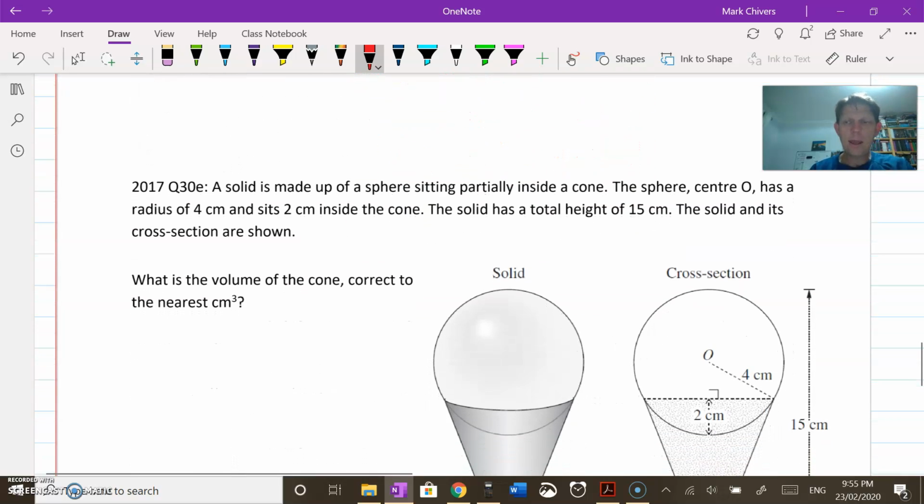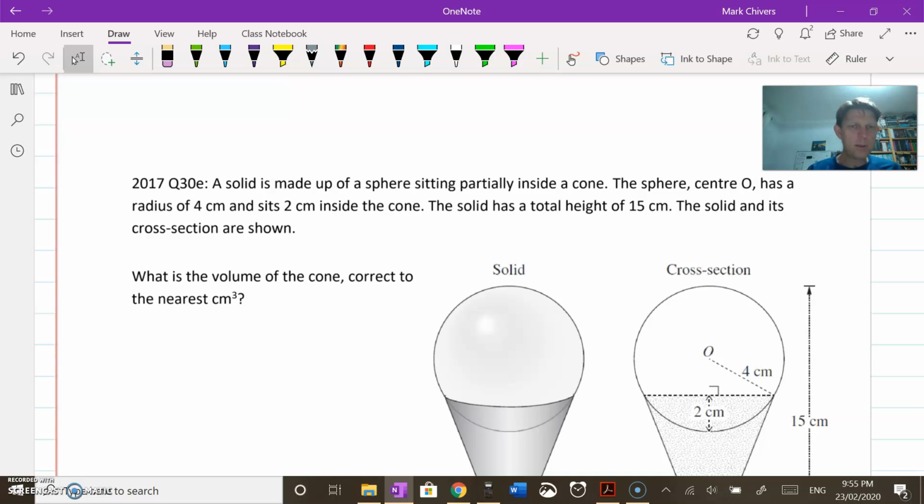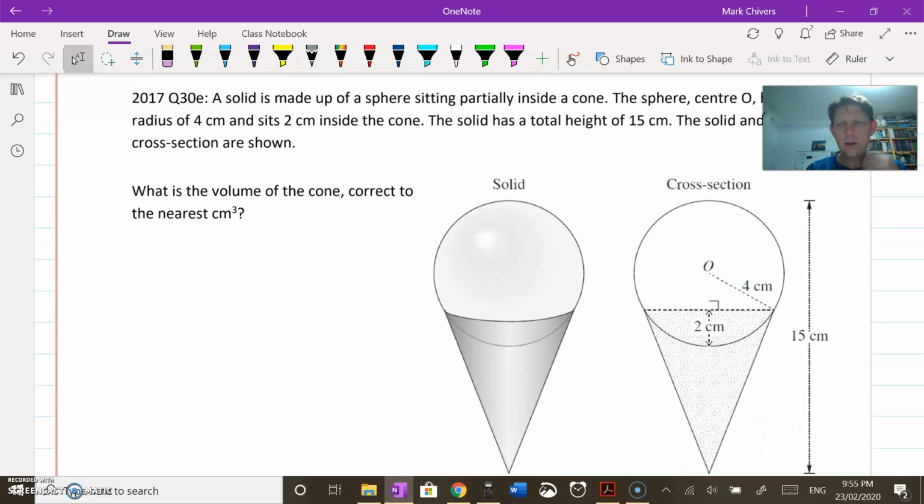Okay. Now this cone, I think I've got the time to go through this. Actually no, I won't. I'll hold off on this one because it's not as well related, and it's probably something I'd rather go through in class, but it was quite a difficult question from 2017's HSC. If you want to have a go yourself, just remember they've only asked for the volume of the cone.